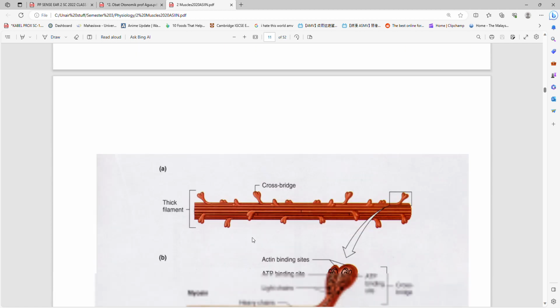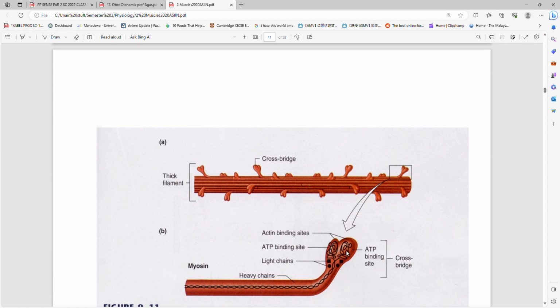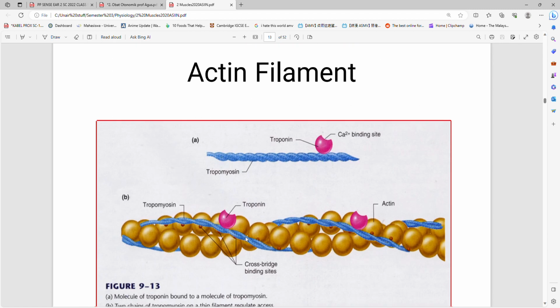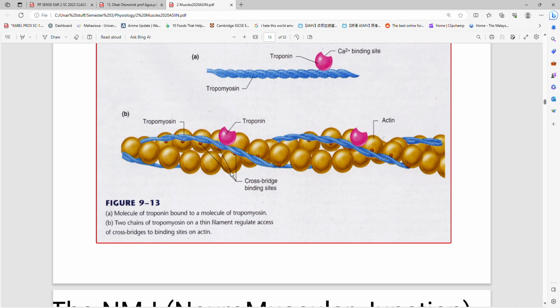So the myosin, this one is the myosin, can bind to the myosin binding site and pull the actin towards the center, and eventually cause a contraction of the muscle.